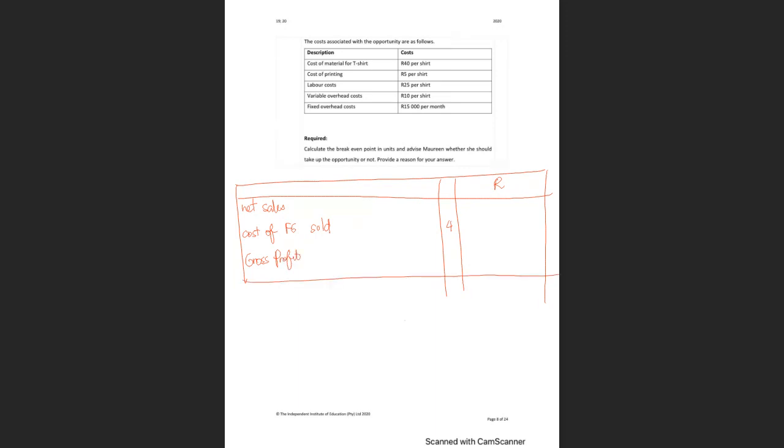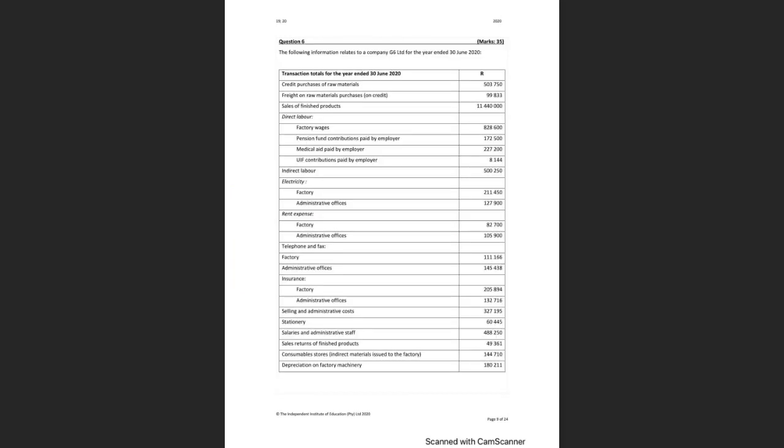Okay, so here your value from note number 4 already we had calculated was the 2,469,980. Let's look at what your sales was. They said to you from the next page that your sales of your finished products was 11,440,000, but you also had returns worth 49,361.